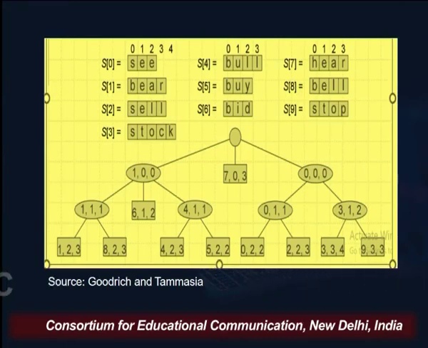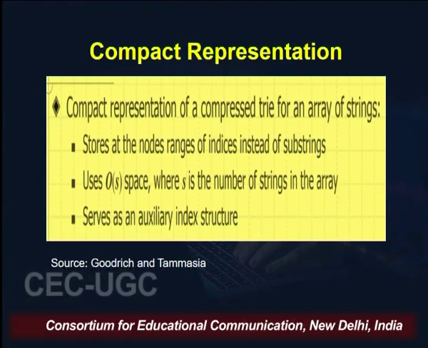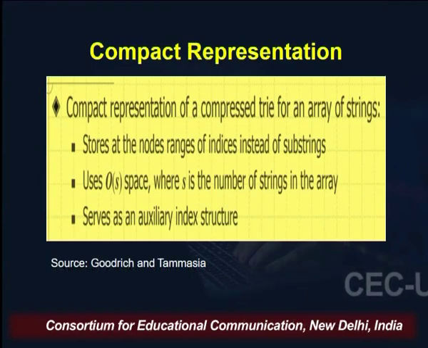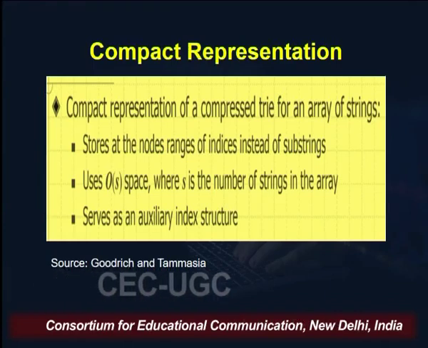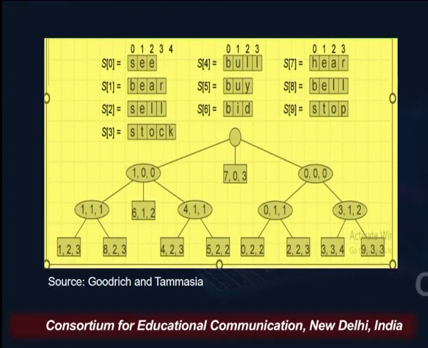So here you can see that a compact representation of that compressed trie, not only the standard trie, but the compressed trie is again provided in a representation which is very compact, and it is only going to use order of S space, where S is the number of strings in this array, and this can serve as an auxiliary index structure saving a lot of space, and that is why we call tries kind of space efficient data structures.